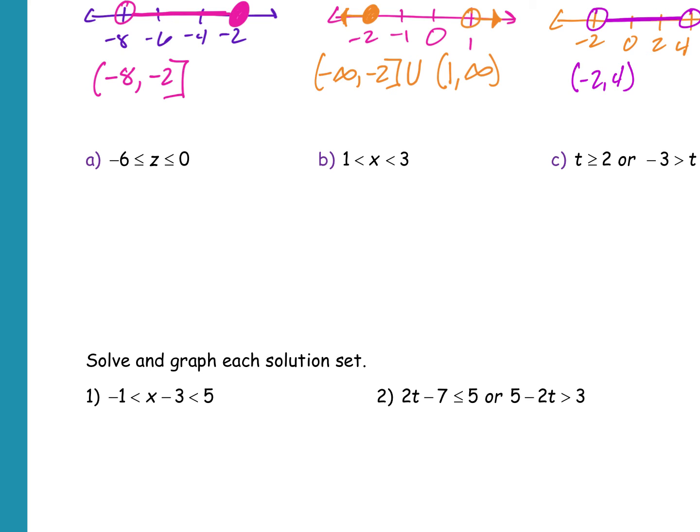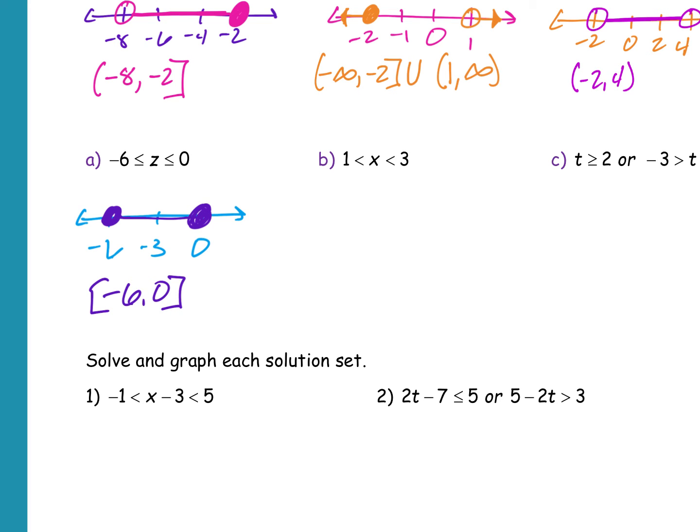Okay, so for A, I did -6, -3, and 0. And then it's solid on -6. Z is greater than -6 and less than 0. So -6 and 0, brackets.